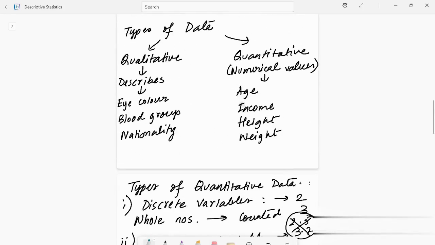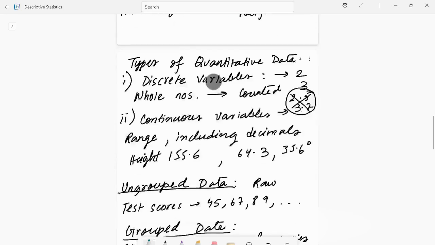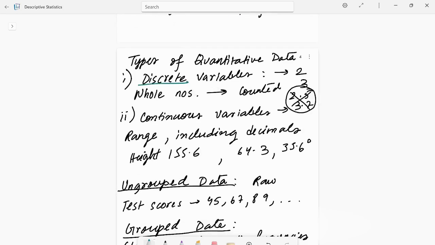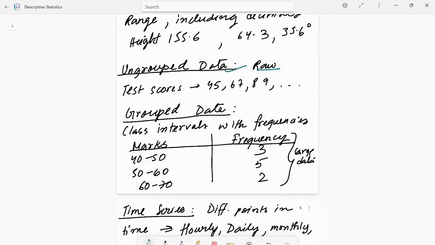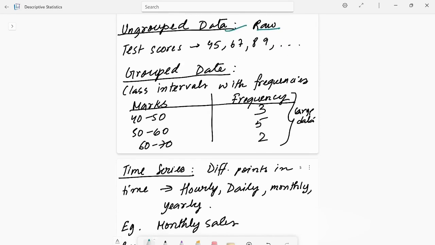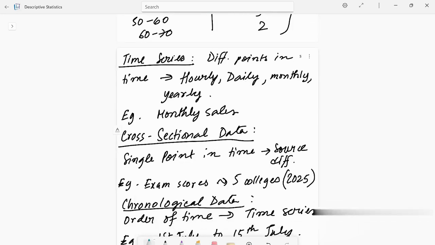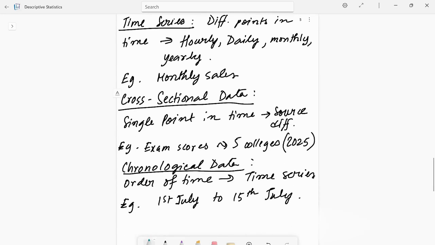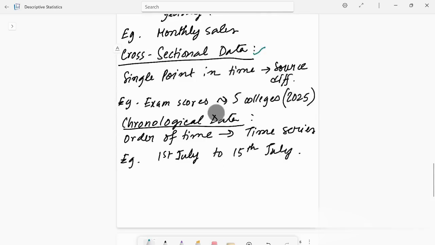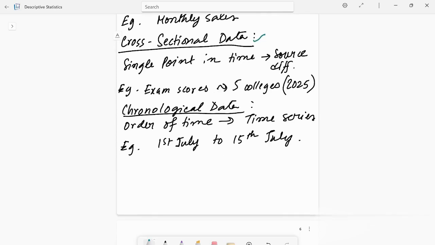Qualitative data is descriptive, quantitative data is numerical. Discrete is countable, and continuous is measurable. Ungrouped data is raw, and grouped data is summarized data. Time series is what happened over time. Cross-sectional data is one point in time. And chronological data means time series arranged in order.